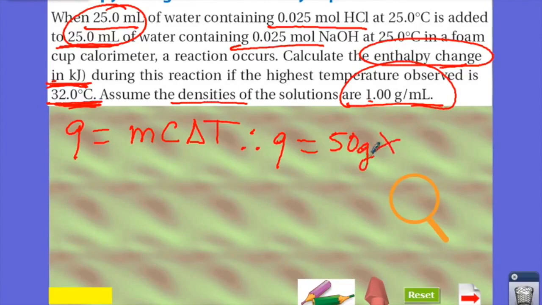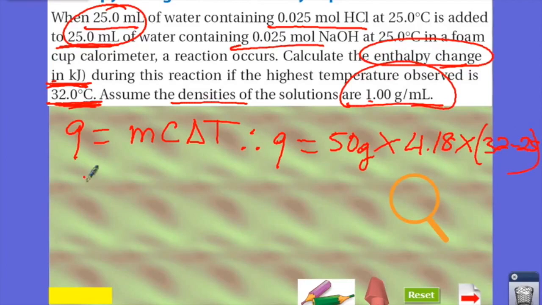Times, and if we assume the solution is water, then the specific heat of water is 4.18, times the change in temperature. It is 32 minus 25 degrees Celsius.